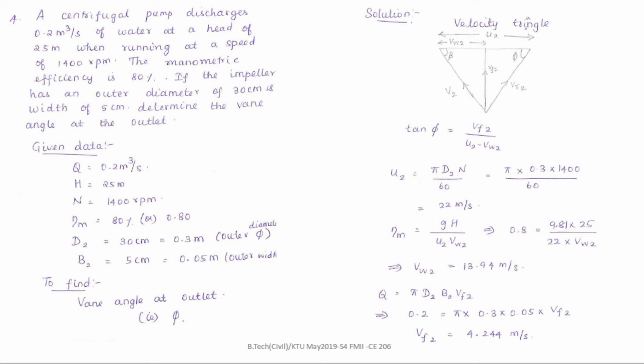So pi into the outer diameter, into the outer width, into VF2. They have given the discharge, so you can easily find VF2. Then by substituting in the tan phi formula, you can easily find the vane angle.